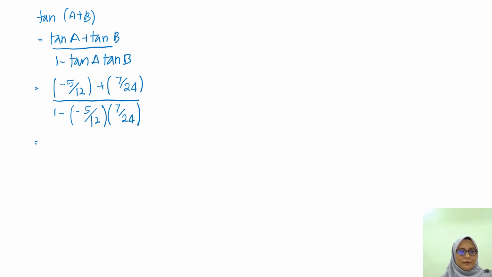Okay, so calculate the value. So you will get negative 36 over 323.